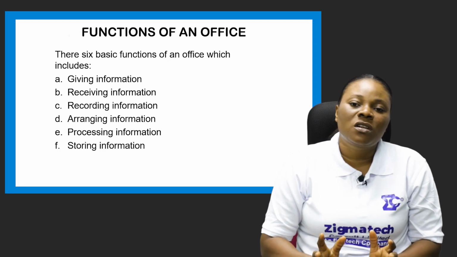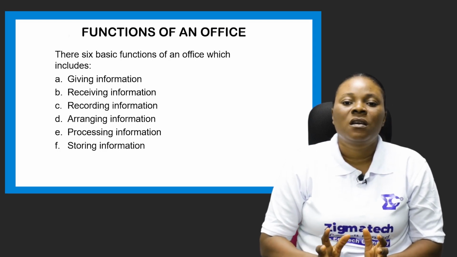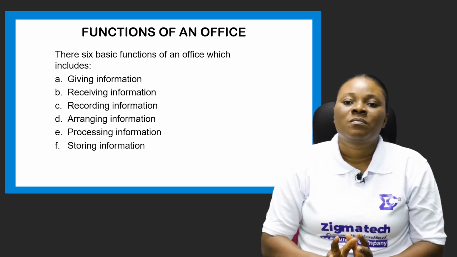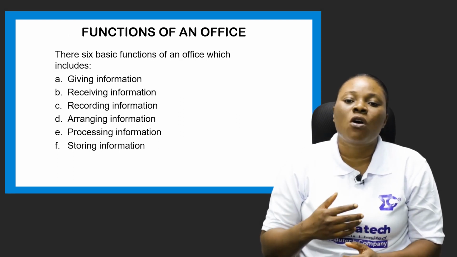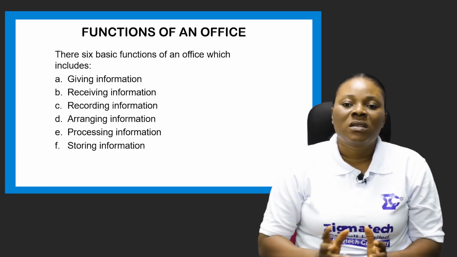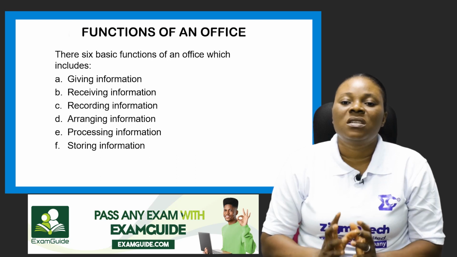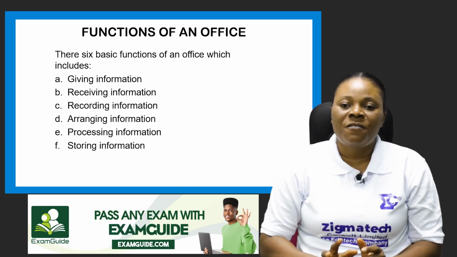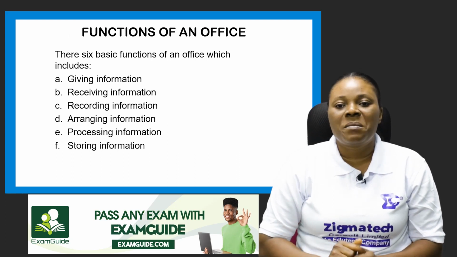Basically, the reception office, the secretary's office, or as the case may be, the administrative office. In this kind of office, they give you all the detailed information you need to know about what the organization is all about. So in an office, they give information.